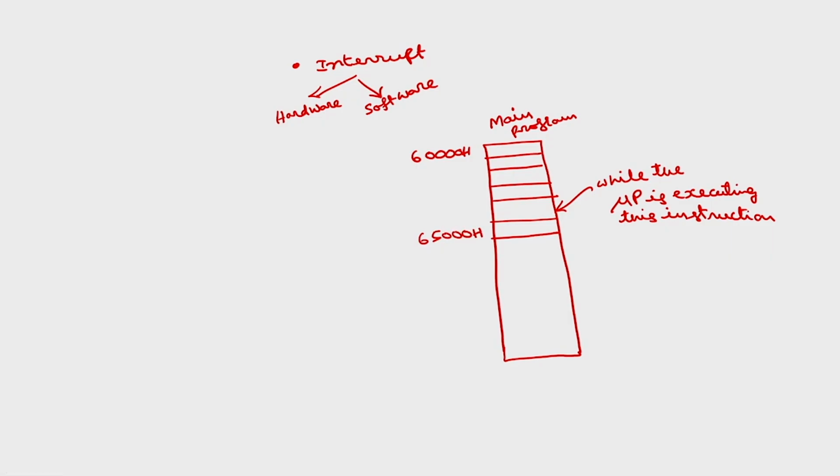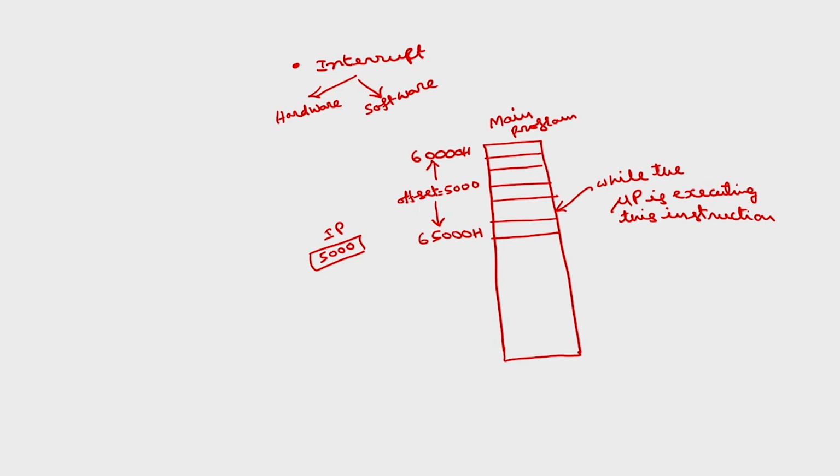As I have discussed in the earlier class, the instruction pointer always holds the offset from the starting of the segment. So, what is the offset here? It is 5000. So, this 5000 will be held by the instruction pointer.